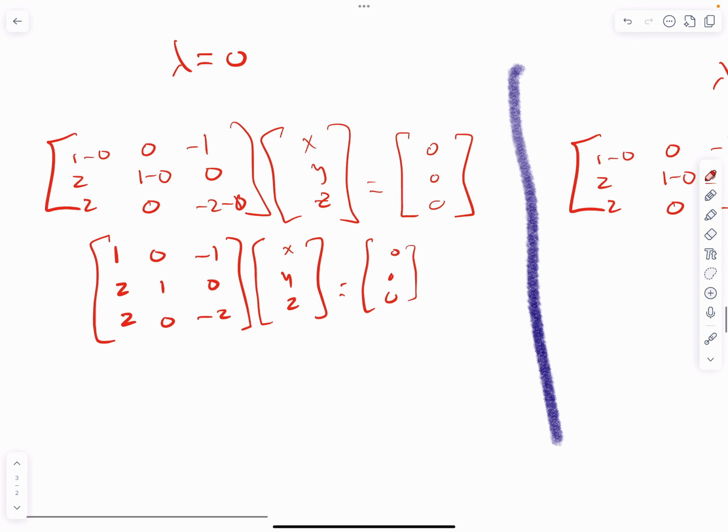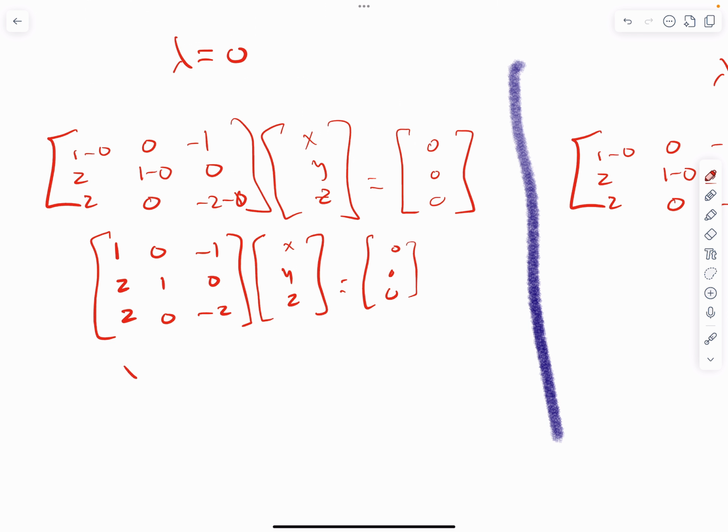Okay, so let's just set this up. x minus z equals 0, 2x plus y equals 0, and 2x minus 2z equals 0. That's what those three equations are. Presumably this will, I suppose I should have just done row reduction. That would have been easier. Yeah, let's do that. Let's work with the matrix. Let's work with the tools we got.